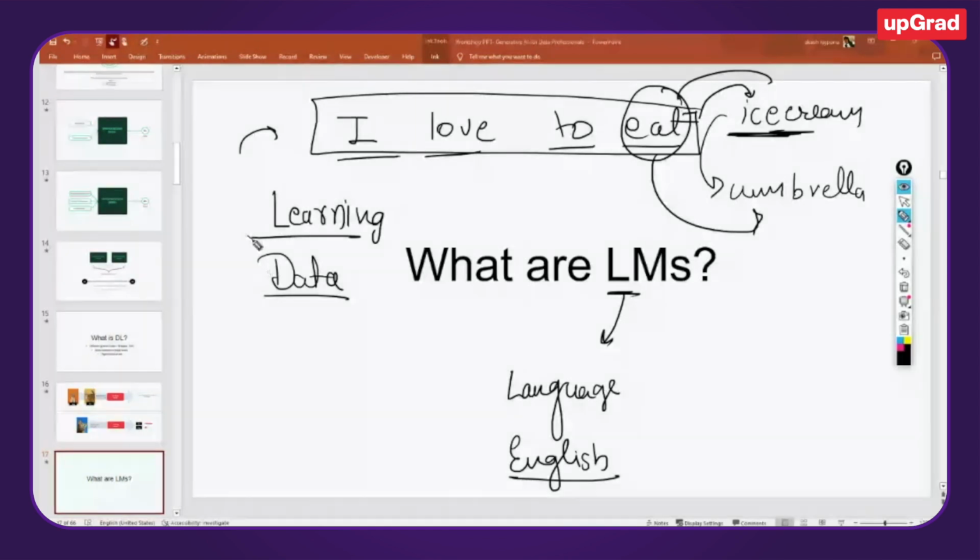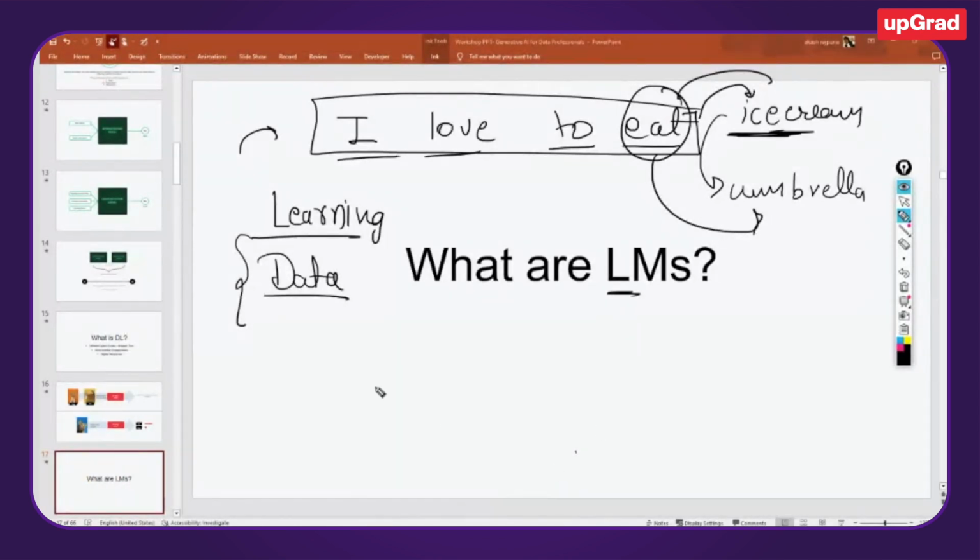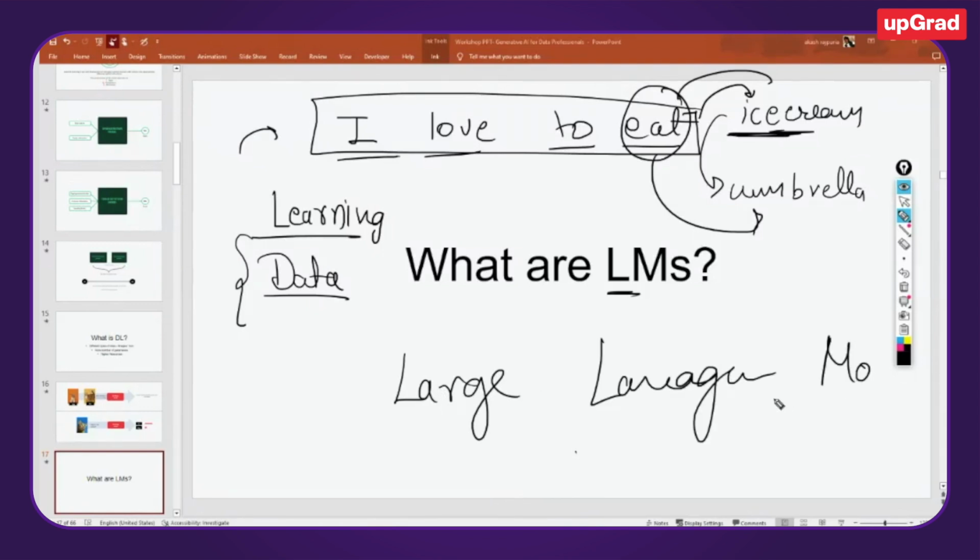So all this learning comes from data, and this data is really very huge. That is the reason these models are called large language models. To train just one model, it would take crores and crores of rupees and months and months.